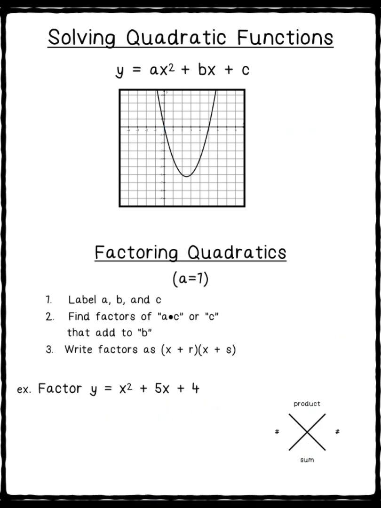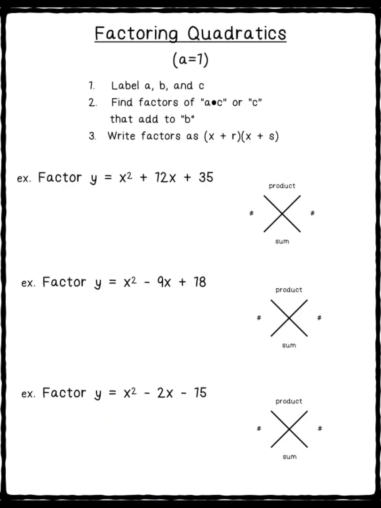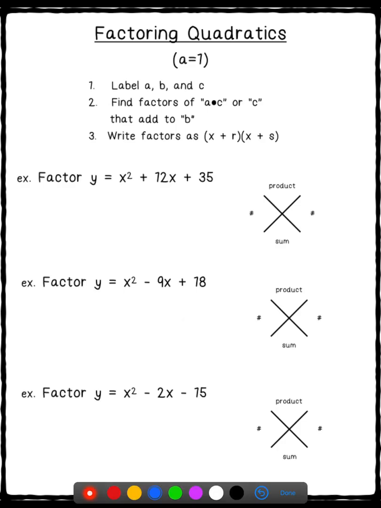All right, let's try another example. So let's say we have y equals x squared plus 12x plus 35. Remember, we're to label our a, b, and c. So in this situation, a is 1, b is 12, c is 35. Remember, we need a product of 35 and a sum of 12.